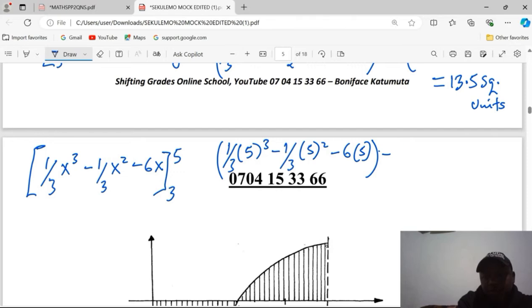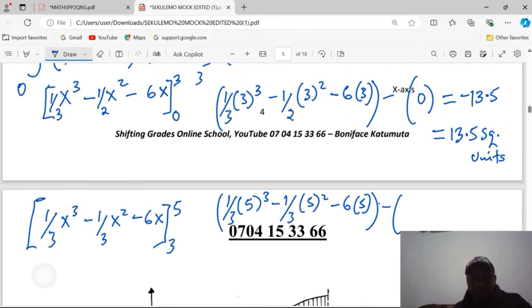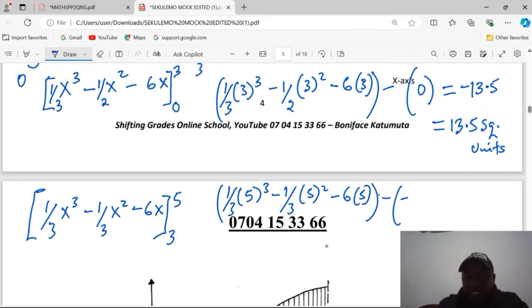Then we will be subtracting when 3 is substituted. And when we substitute 3, we get negative 13.5. The value is already up there. We already did that, and we know what we get in case we substitute 3.